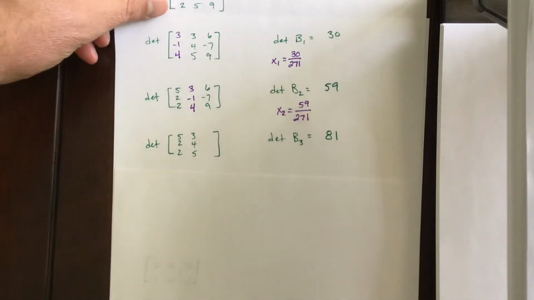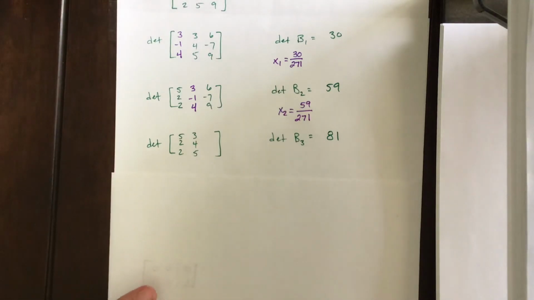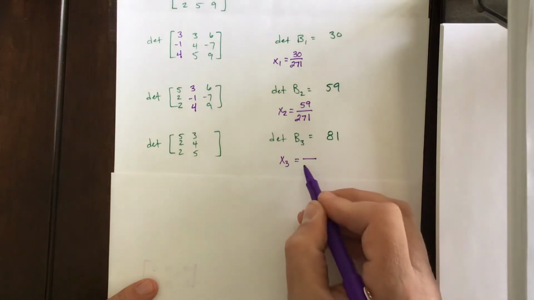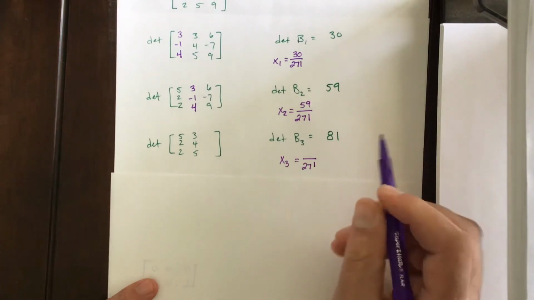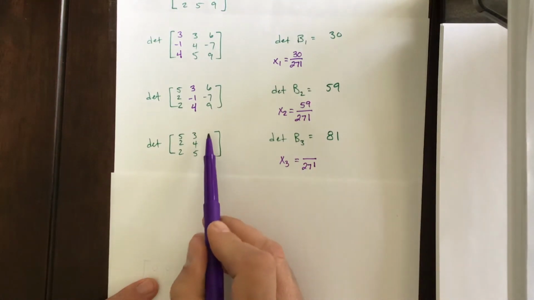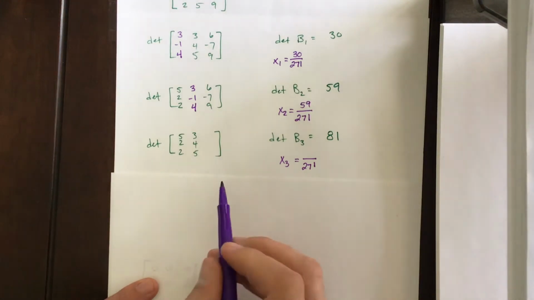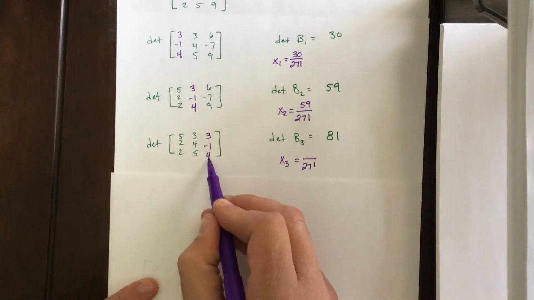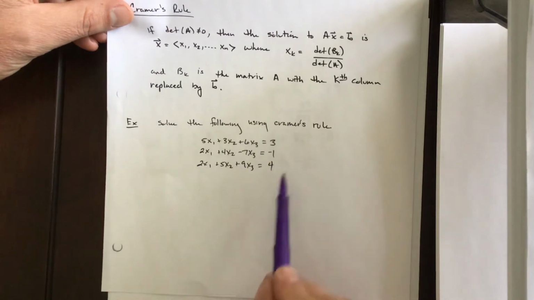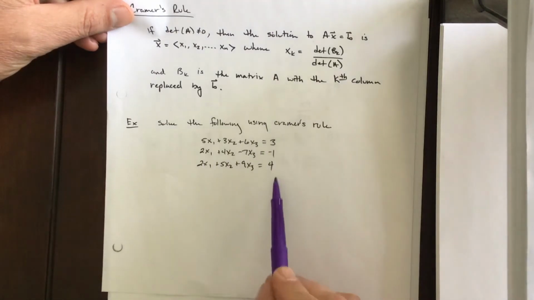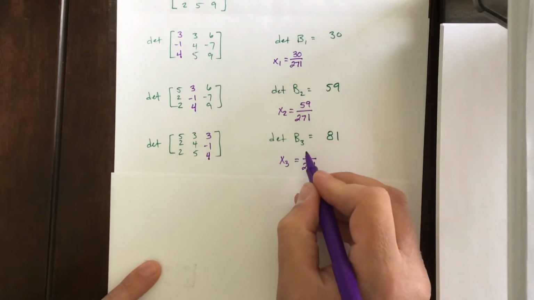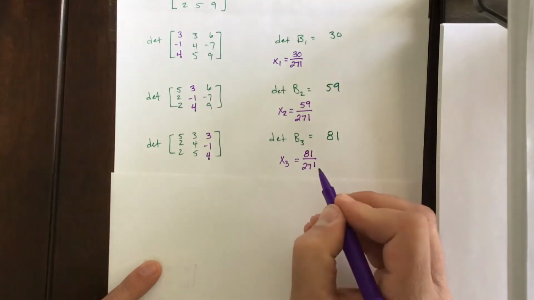And lastly, to compute x3, x3 is going to be the determinant of B3 divided by 271. B3 is the matrix A with the third column deleted, replaced by the right-hand side, 3, -1, and 4. Just to remind you, 3, -1, and 4 is coming from this system of equations that's right here. It's the right-hand side. And that gives us, according to my calculator, 81.